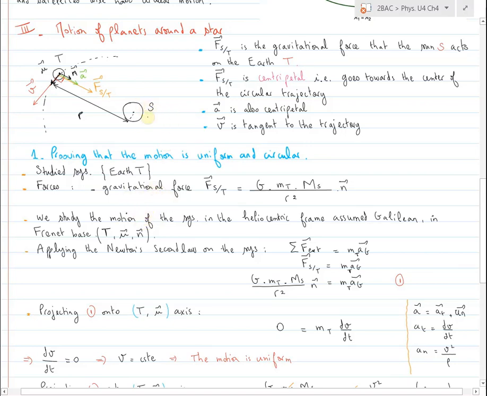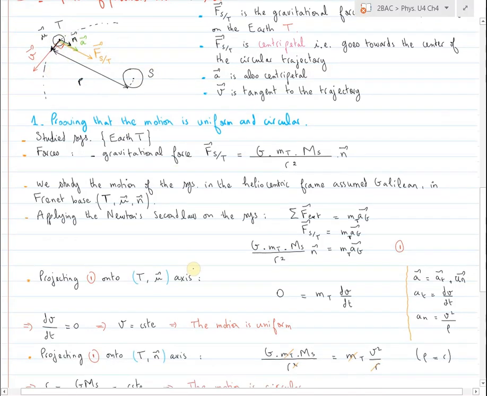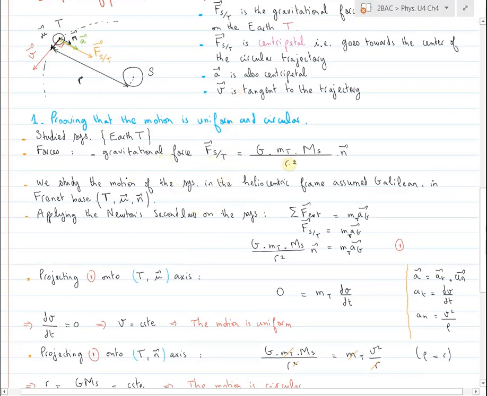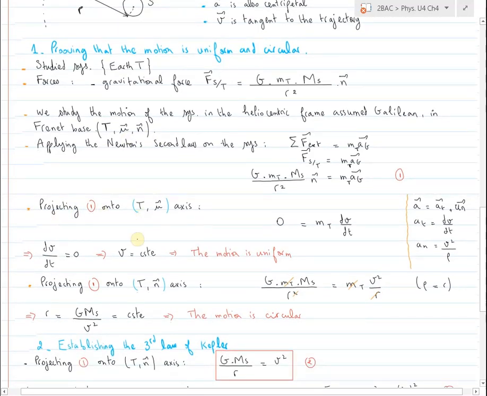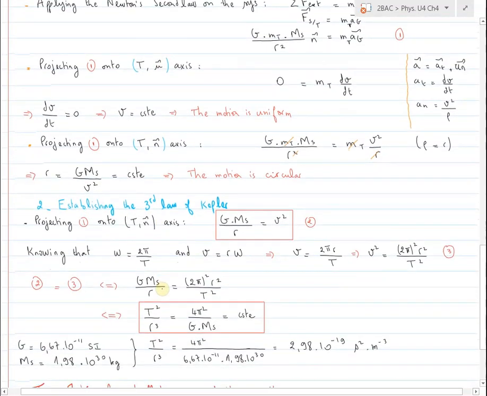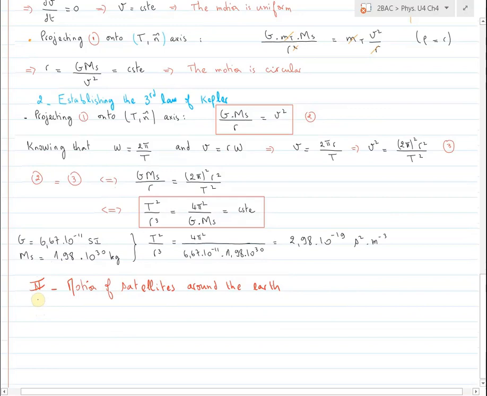We just replace the Sun with the Earth, and the object with the satellite. So the same force, the gravitational force, applying Newton's second law, projection of the equation onto the Frenet axis, the same study.